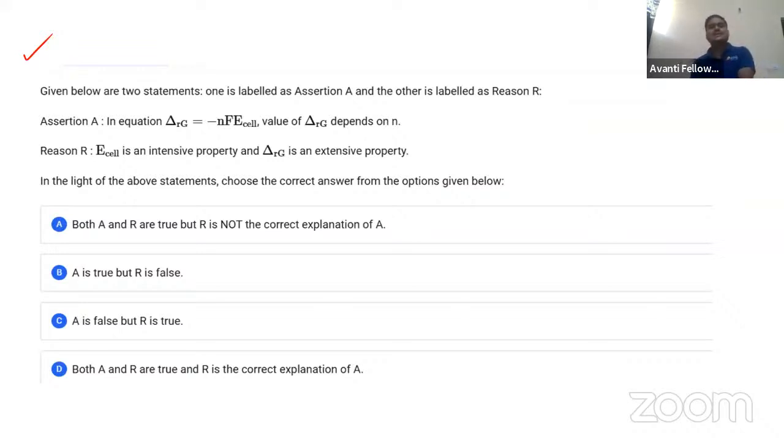Now E cell is an intensive property because EMF of the cell doesn't depend upon the mass. So we can say that both assertion and reason are absolutely correct, and reason is the correct explanation of assertion. So which option is correct, beta? Tell me first, which option is correct then?